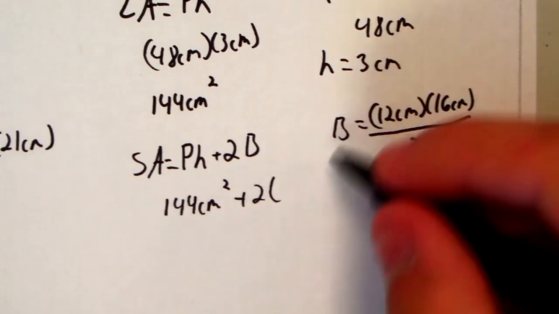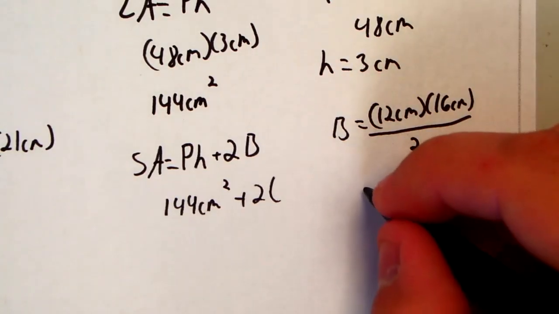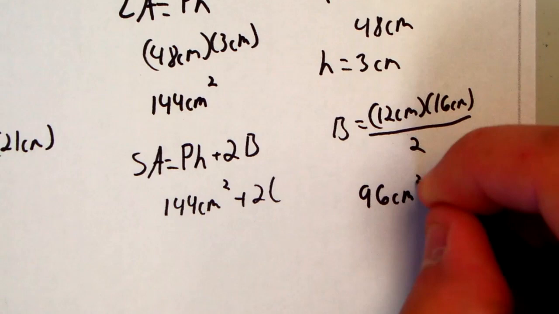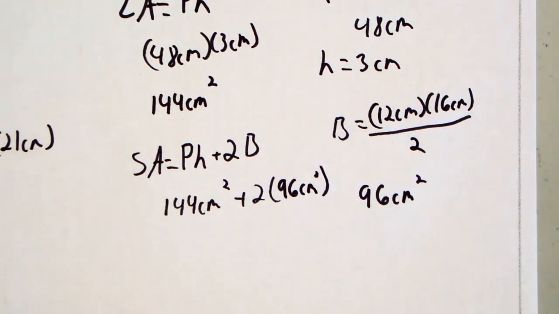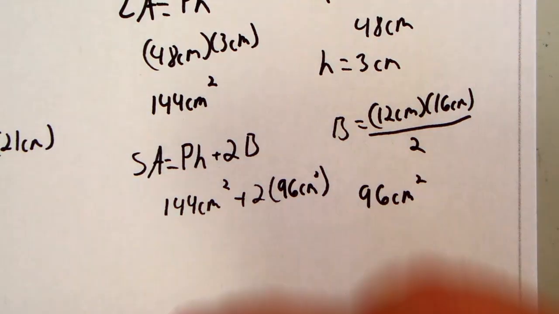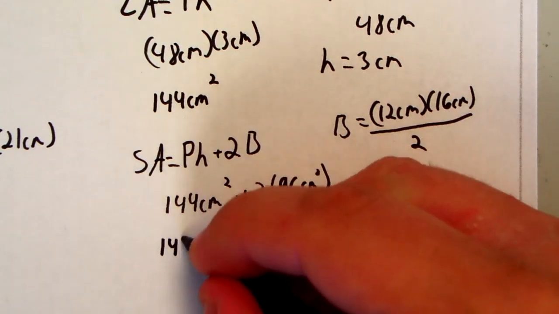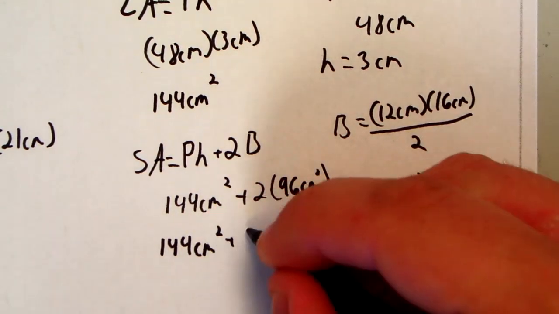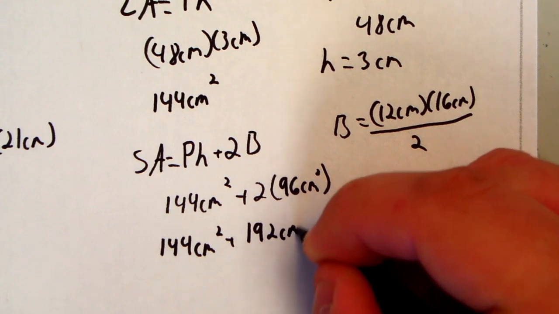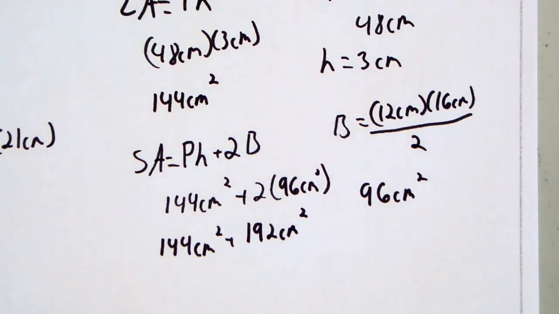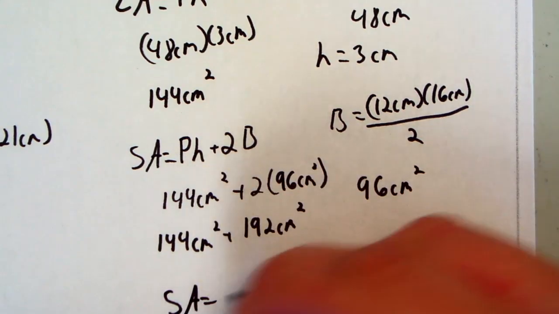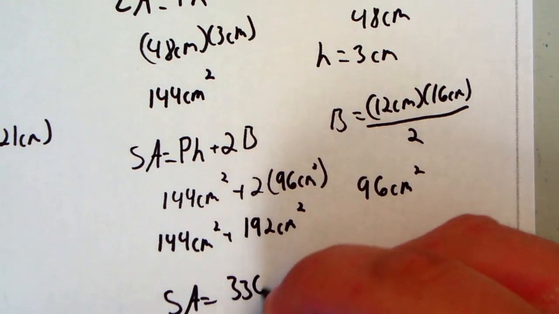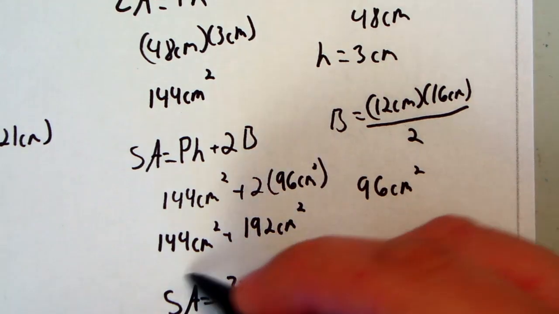So if we simplify this, the area of the base is going to be 96 centimeters squared. So we're going to substitute that right there. If I multiply this by 2, because there are 2 of them, I get 192. And then add that to the 144 of the lateral area. We then get a surface area of 336 square centimeters.